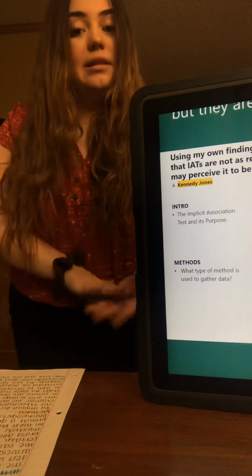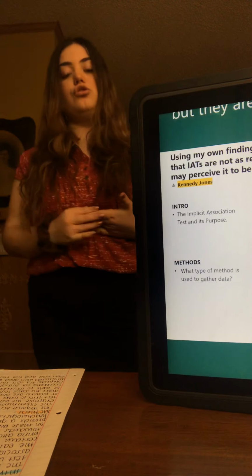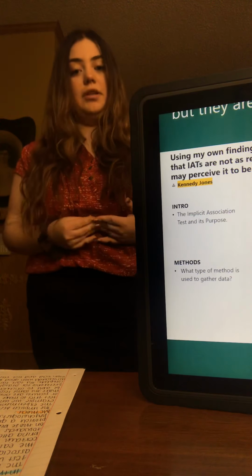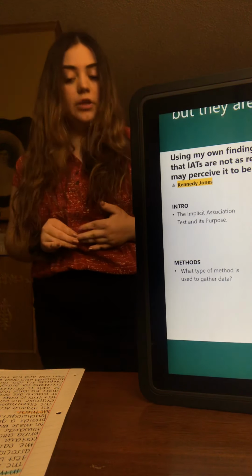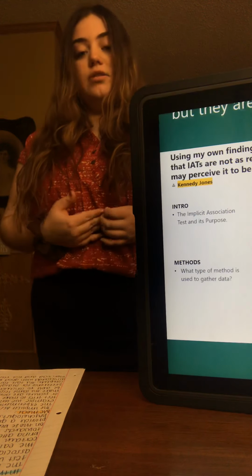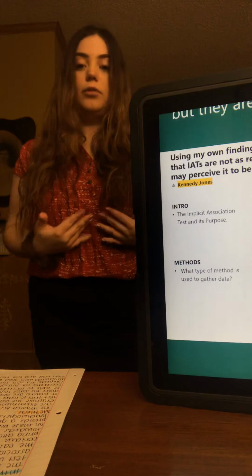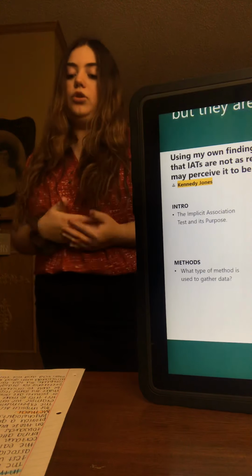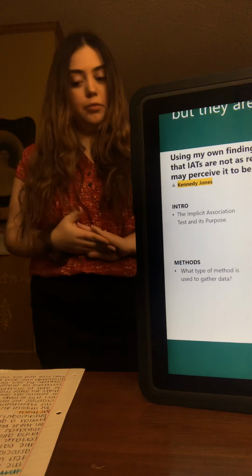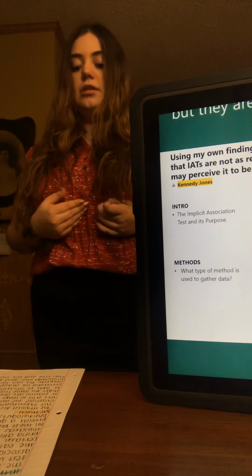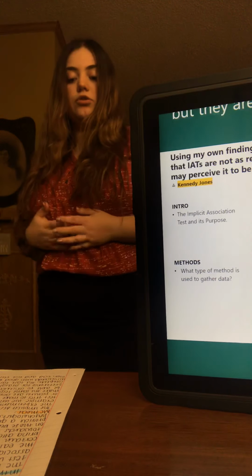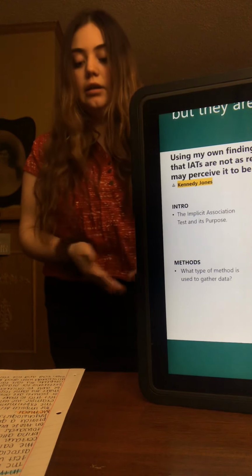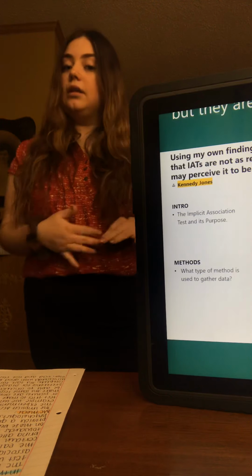There are different methods that psychologists use for IATs, but it's actually quite simple. The experimenter chooses a topic, and for example, in this presentation, we will use gay versus straight people. The test tries to make responses easier when words or pictures are closely related and share the same response keys.